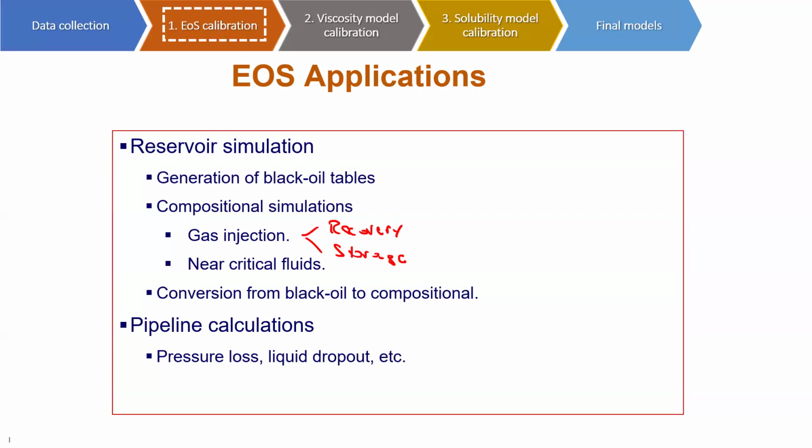So you need to consider the fluid changes inside the pipes, and they need the equation of state to do this. People from the production side run a very similar approach. They calibrate the equation of state, but the conditions are different. The pressures are different and the temperatures are very different.